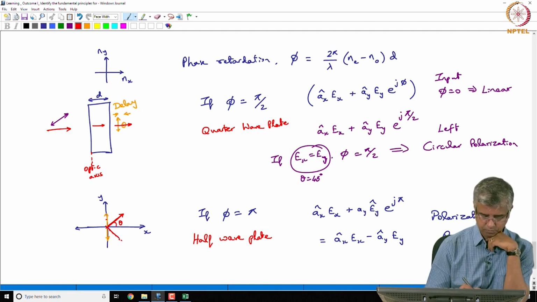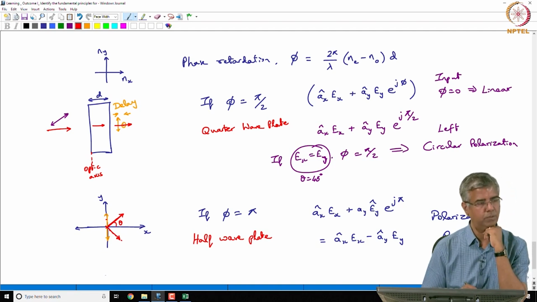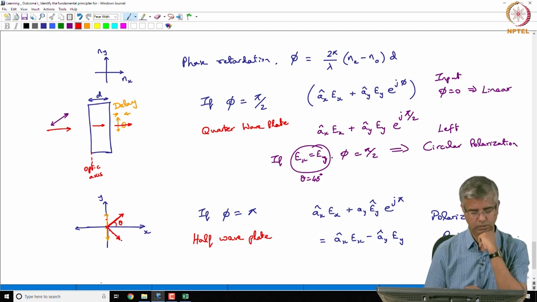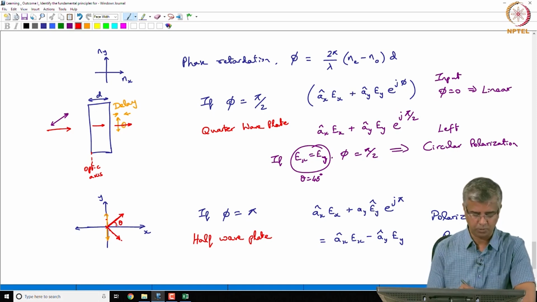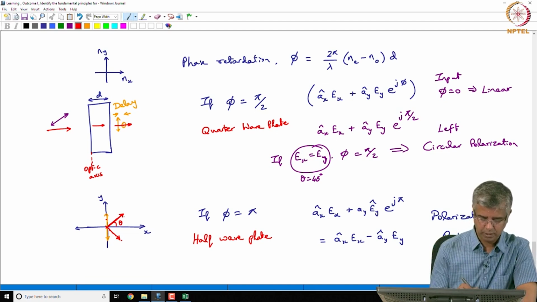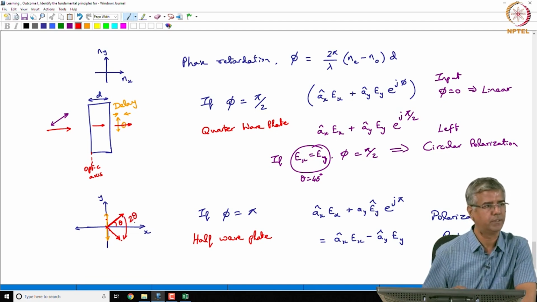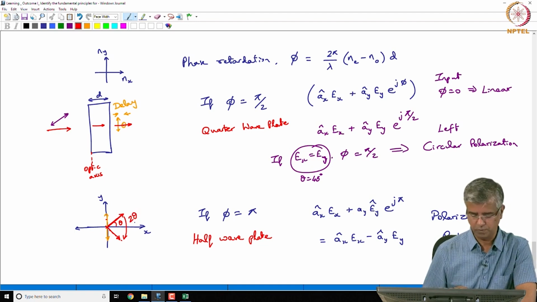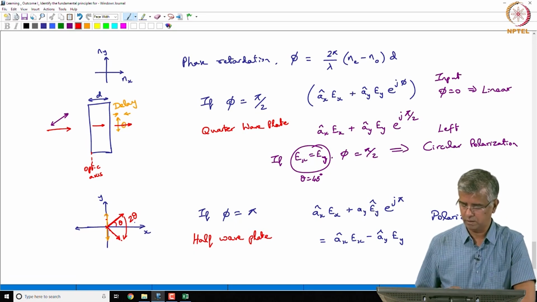So, the EY component will show up once it is flipped, that the actual polarization will show up here, and this is basically 2 theta. Okay. So, that is what we wanted to convey, but I made a mistake there in the last session.